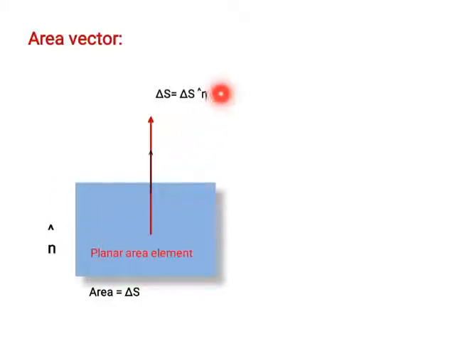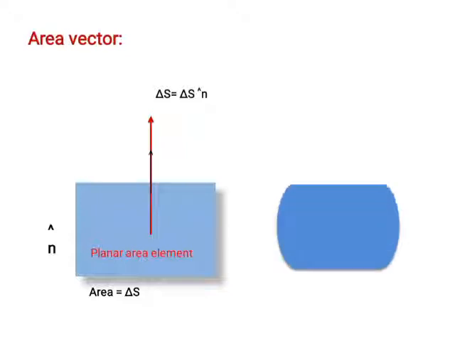Why do we multiply with this n cap? N cap is a normal, a unit vector, its value is of course 1, but when we multiply it with the particular area or surface, it shows the direction of the surface. It may be a spherical or curved surface, or any irregular lamina.